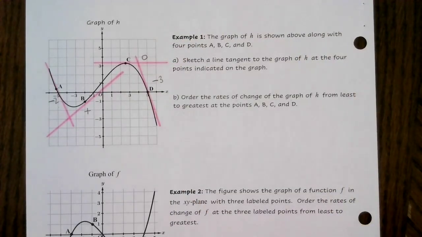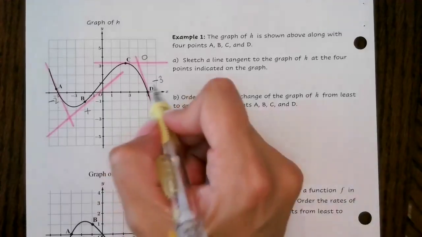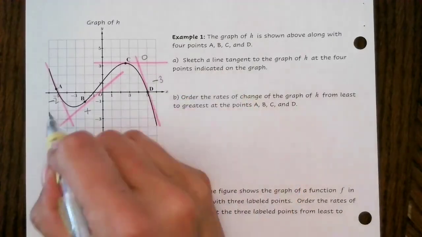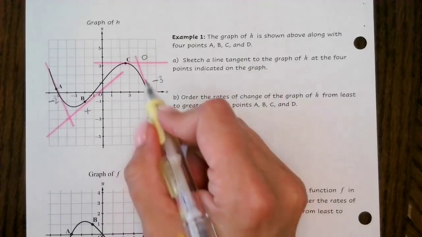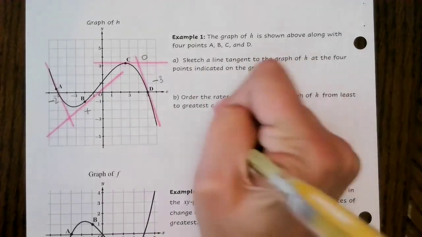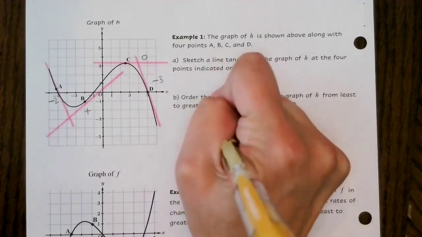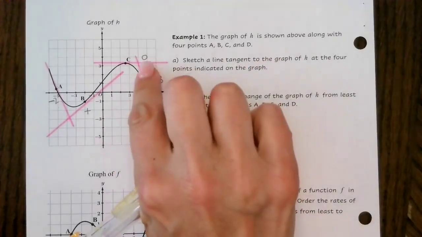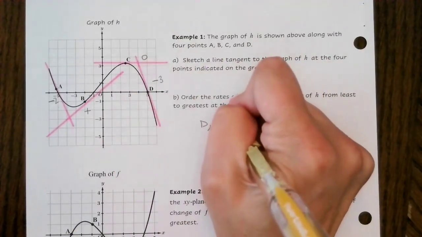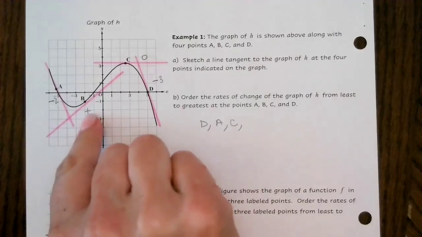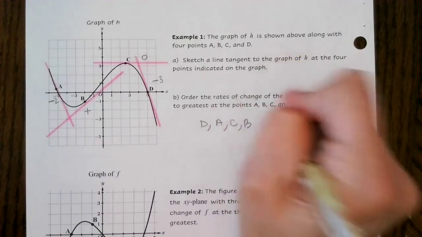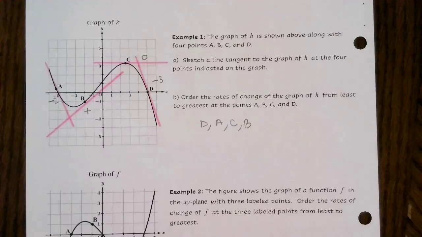And those are just approximations because I just took them from the graph there. But this is a smaller number than this one. So this is going to be my smallest, D, and then A, and then the next one would be 0. So that would be C. And then this one has a positive slope, so B would be the greatest.